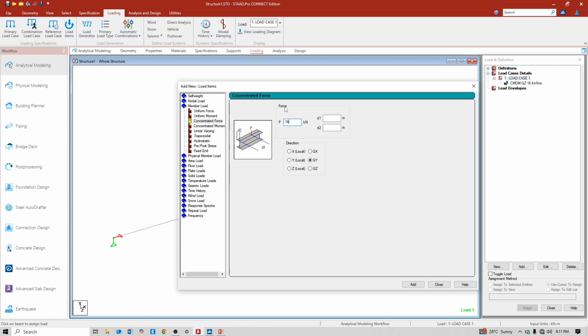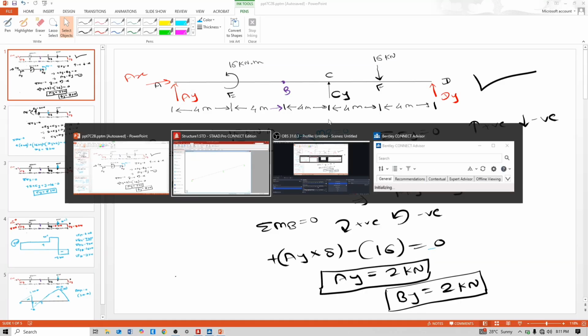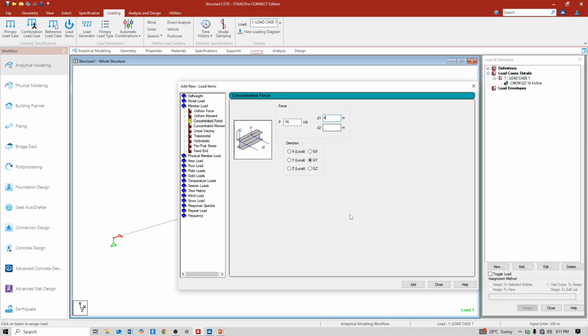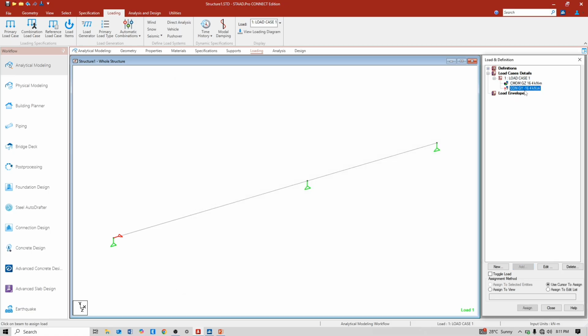That means we need to provide a minus sign here. Minus y, downward, 16, and the direction is y, at a distance of 4 meter from point C. So click on that 4 meter, click on that beam, assign to selected beam, assign, and yes.